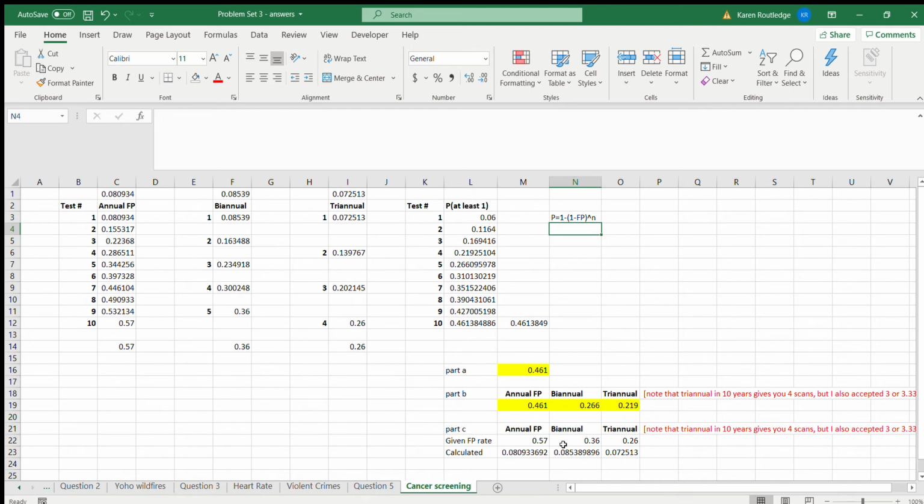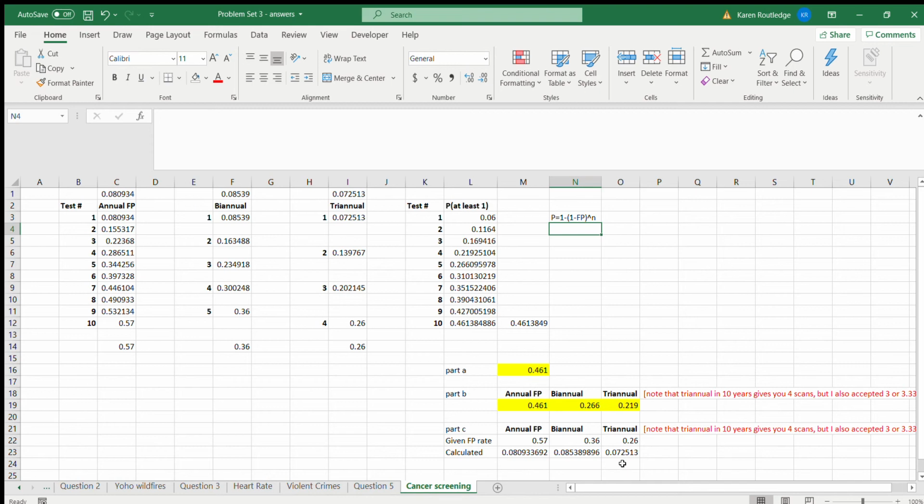For the biannual, same kind of thing. P here is equal to 0.36, so 36%. N is 5, because there are 5 years of biannual screening, and we're still solving for the false positive rate, which is about 0.085. And triannual, done the same way, with n being either 3, 3.3, or 4, depending how you did it, is somewhere between 0.07 and 0.095.